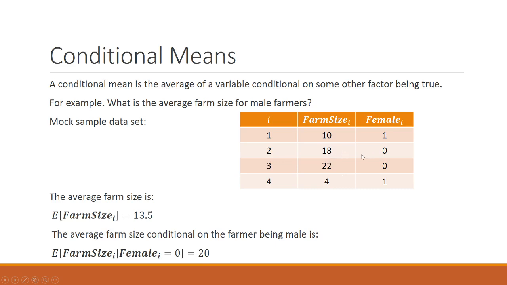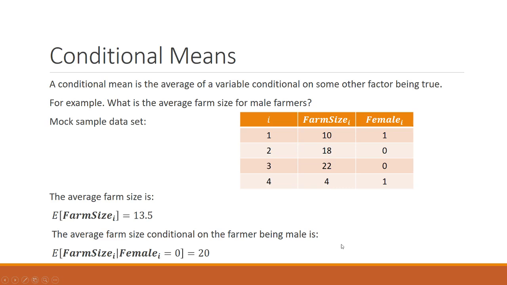It's conditional on the farmer being male. So I would write that like this. The expected value of farm size, and this vertical bar here means conditional on female equaling 0. That means that they're male. So the expected value of farm size, conditional on the farmer being male, is 20. That's a conditional mean. That'll be really important.